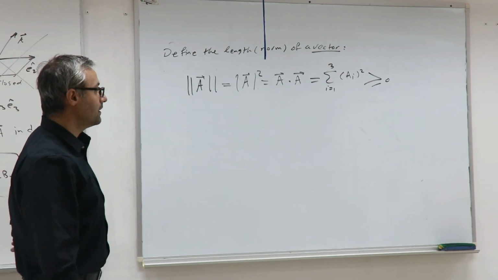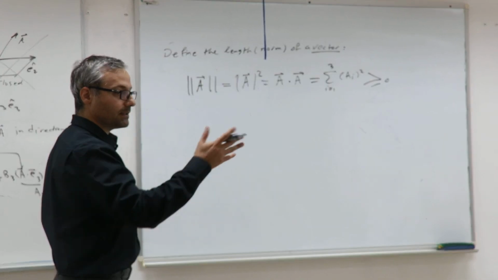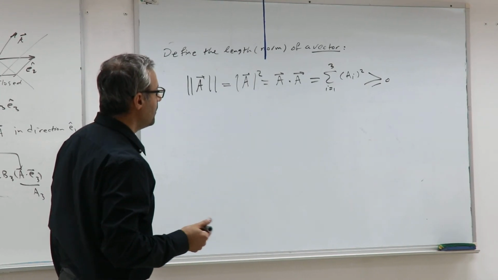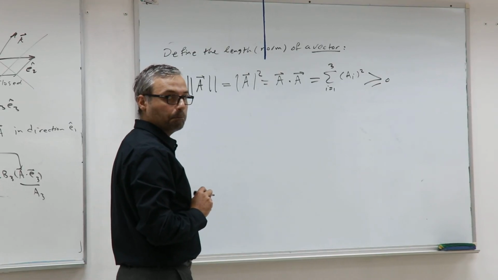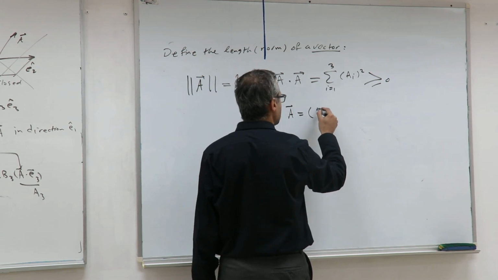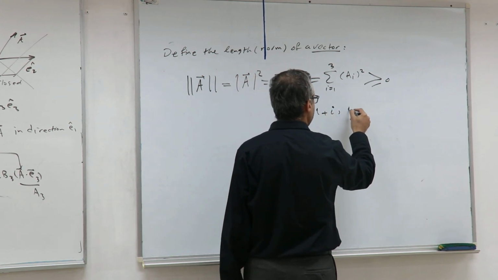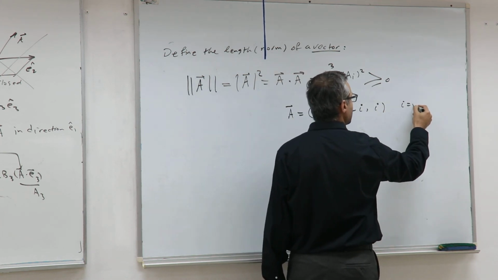Euclidean geometry means that your geometry is the geometry you use in classical mechanics, x, y, z, and so on. But what happens if the vector has a complex number? If the vector component is like that, what will you do? And i is the square root of minus 1.